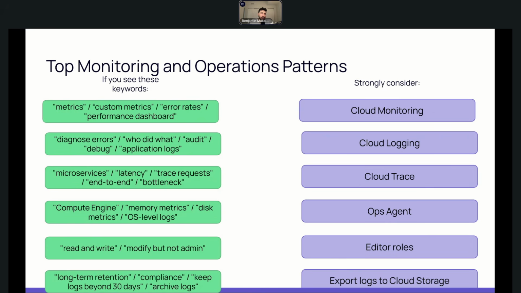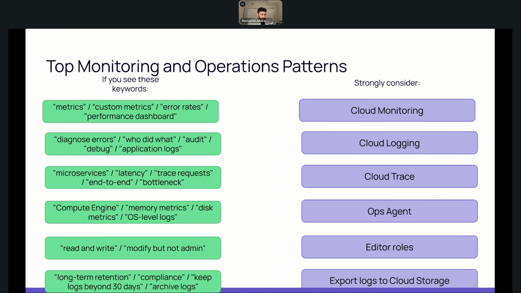If a question mentions a microservices scenario where you need to measure latency, trace requests, look at things end to end, or diagnose some kind of bottleneck, Cloud Trace is often the solution.